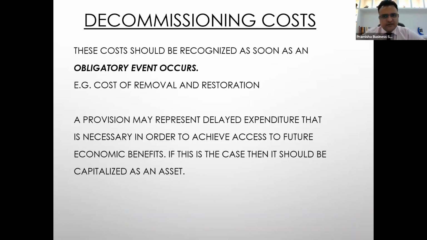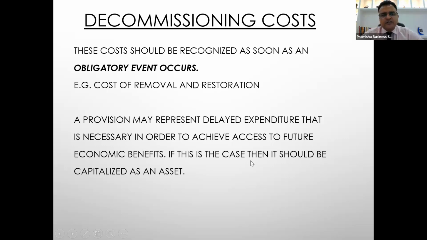Decommissioning, as I discussed, these costs should be recognized as soon as an obligatory event occurs, like cost of removal and restoration. A provision may represent delayed expenditure that is necessary in order to achieve access to future economic benefits. If this is the case, then it should be capitalized as an asset.